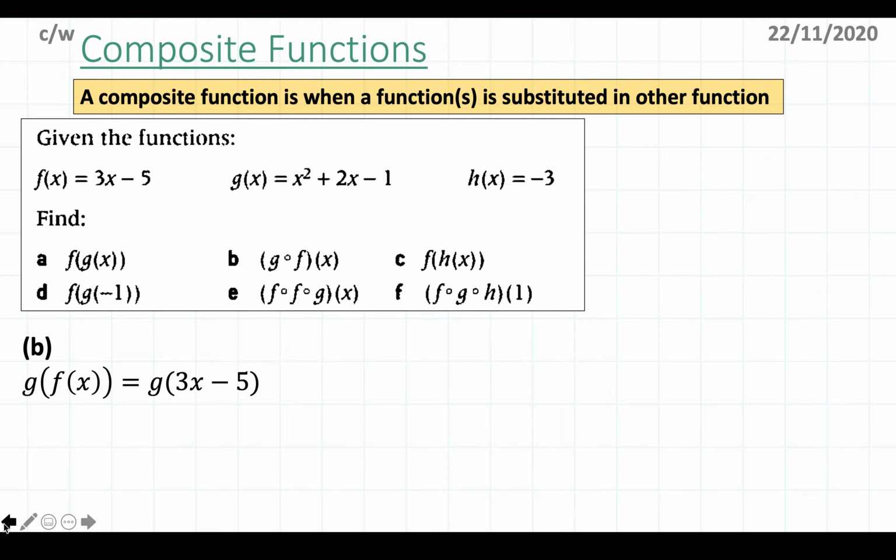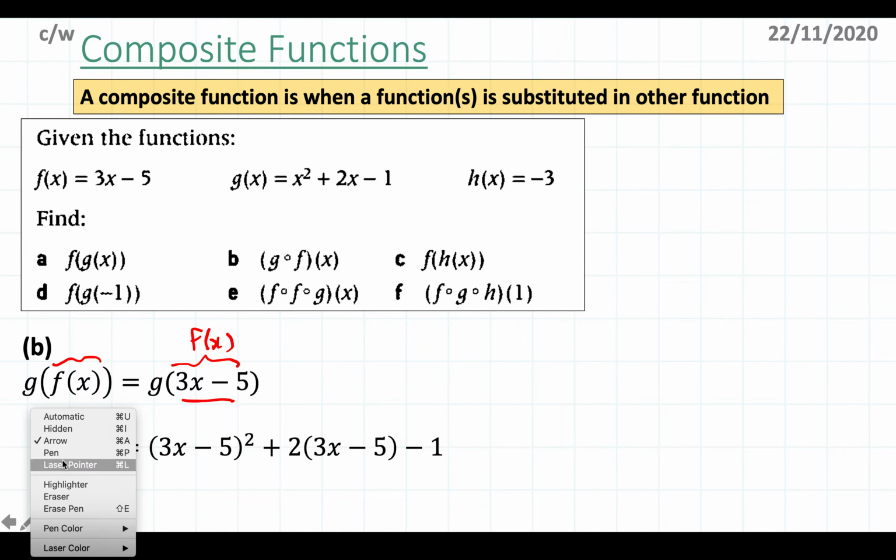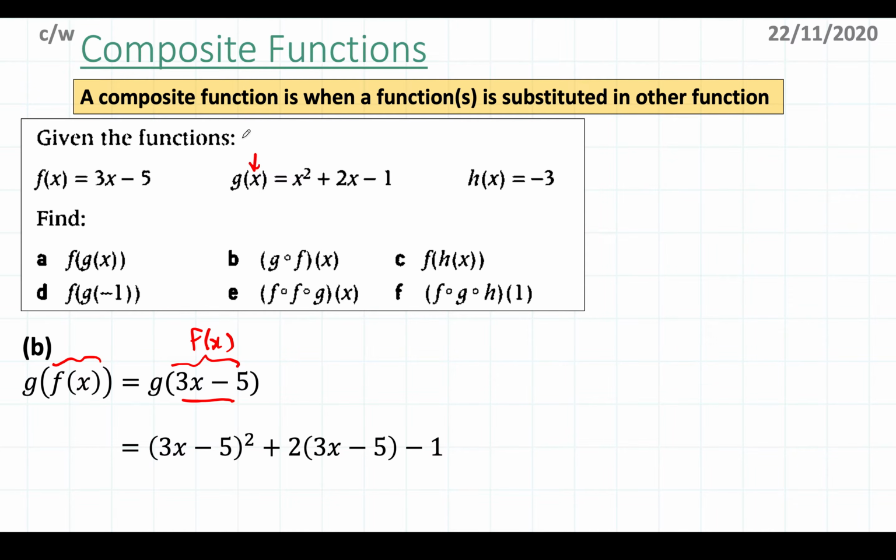For g of f of x, this time my input is f of x, and the output of f of x is 3x minus 5, which came from here. So now this expression is going to be my input inside of g, so wherever the x appears, this is my input, and my input goes here and here.